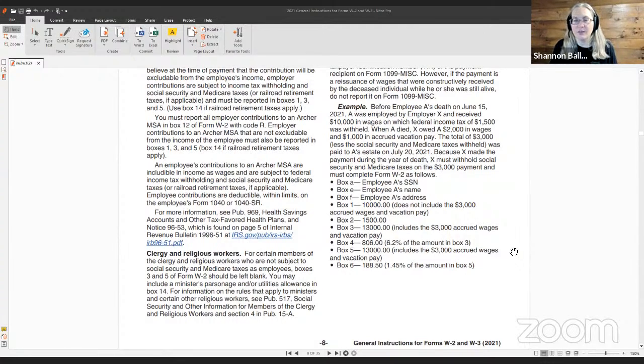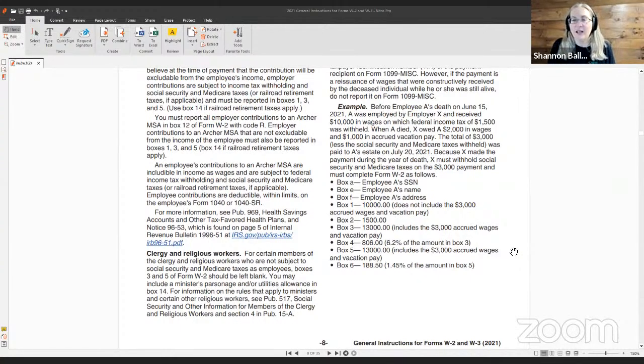The total of $3,000 less the Social Security and Medicare taxes withheld was paid to A's estate on July 20th, 2021. Because X made the payment during the year of death, X must withhold Social Security and Medicare taxes on the $3,000 of payments and must complete a Form W-2 as follows.